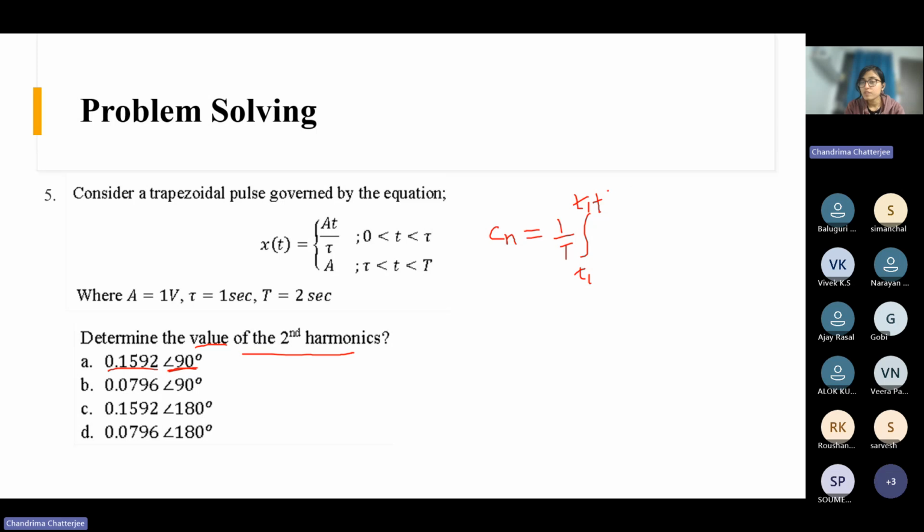So we will have to consider one complete period, then x(t) e to the power minus j n omega naught t dt, right?